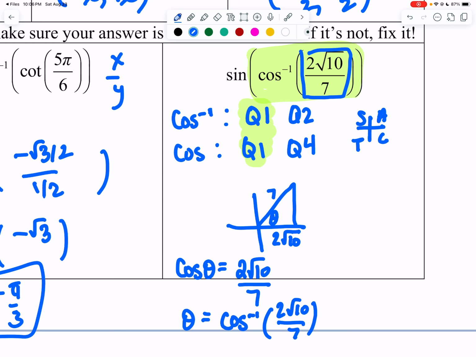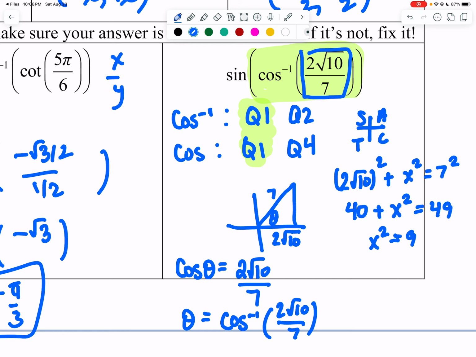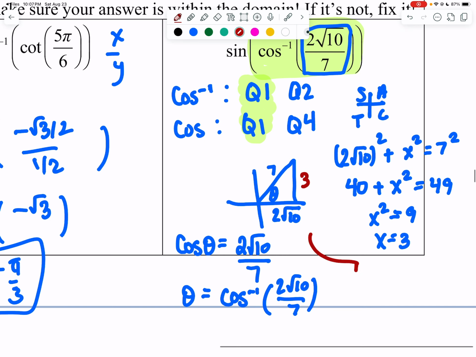So now I have 2 root 10 squared plus x squared is equal to 7 squared. This is going to give me 40 plus x squared is equal to 49. X squared is equal to 9, which means that my height here is going to be 3. Now I know that sine is opposite over hypotenuse, which means my answer here is 3/7.